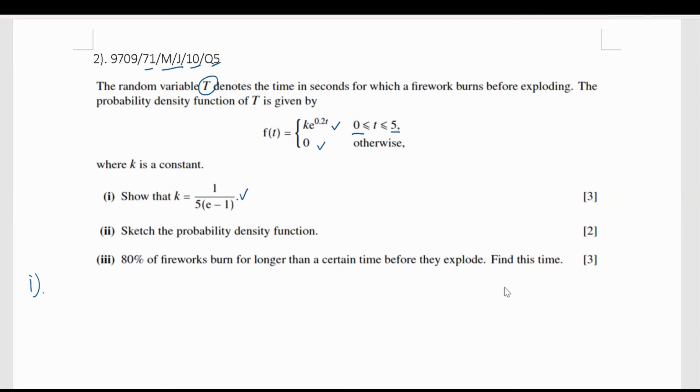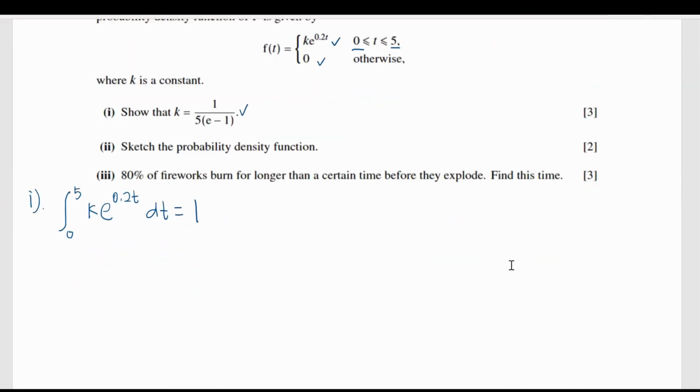So what should we do again? This is a PDF. Hence, if you integrate from the lower to upper limit of the function, you must get a total equal to 1. Okay, so that is the important property of a PDF.